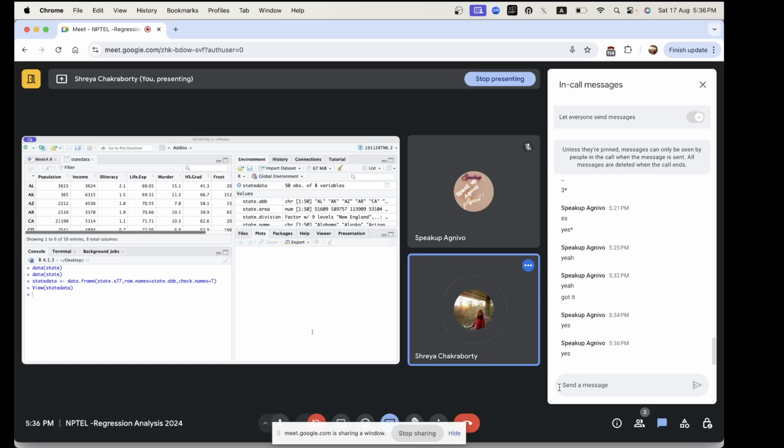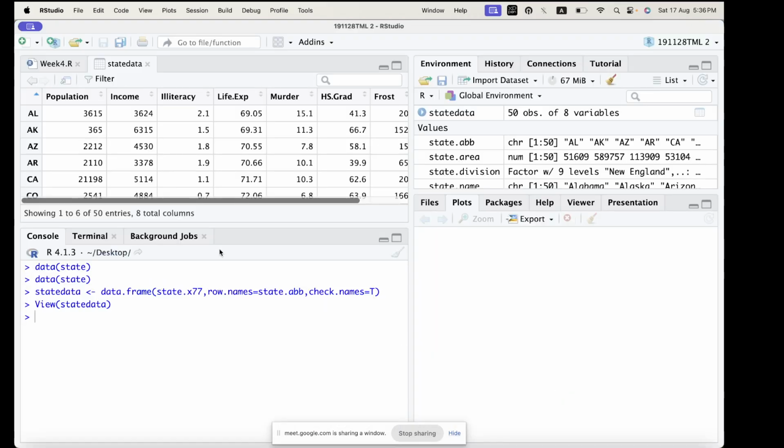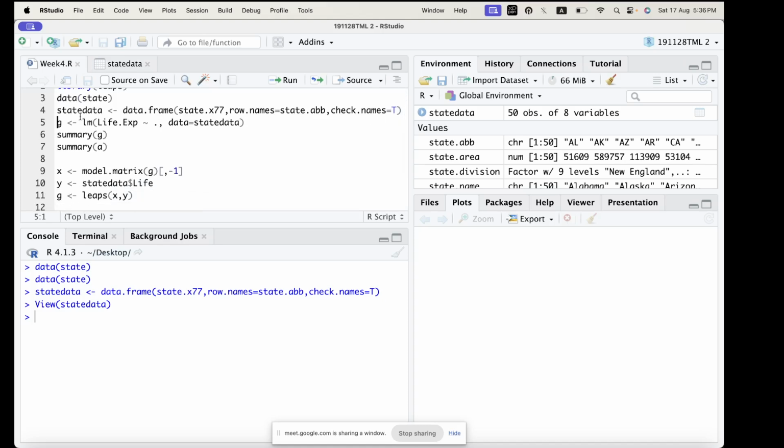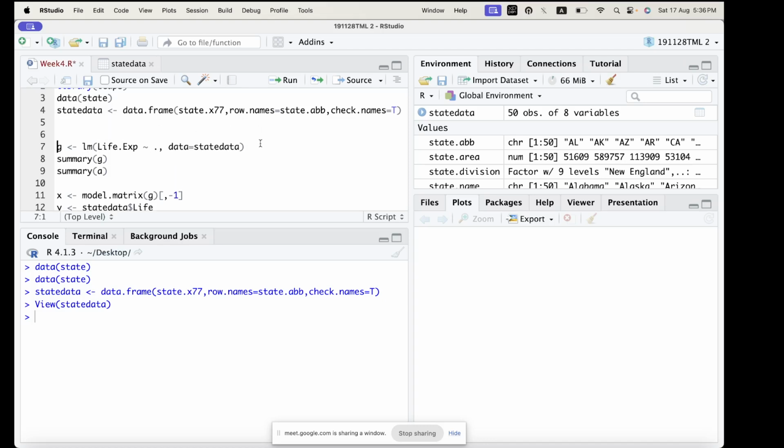Okay, so now what we can do is we want to fit a linear regression on all possible regressors. So what we are doing, we are using this lm command.